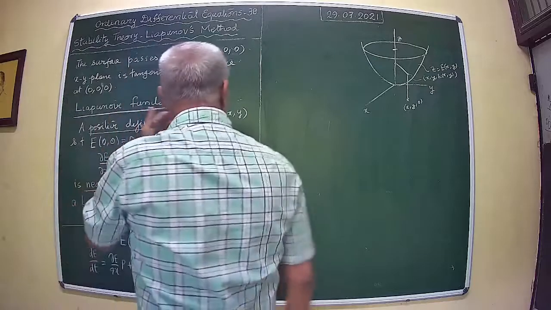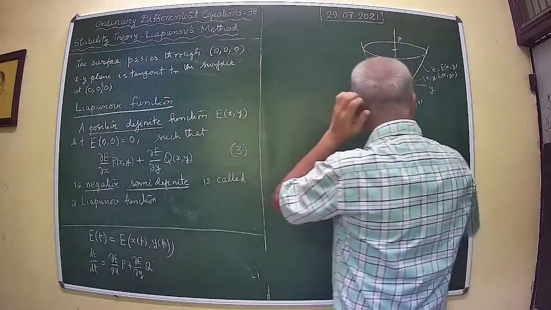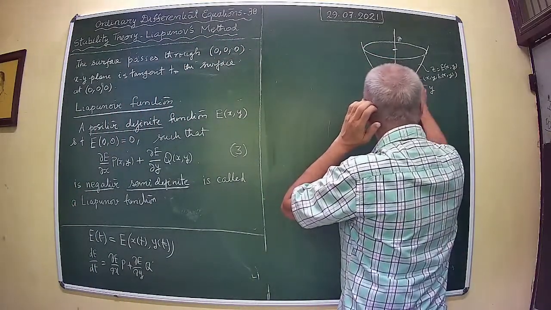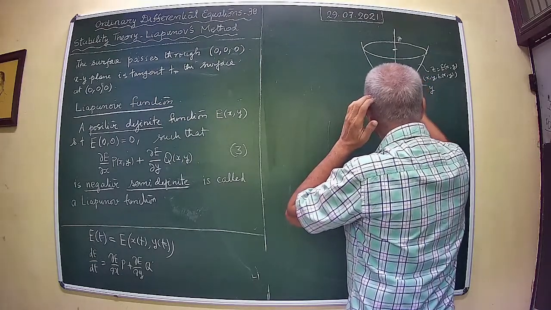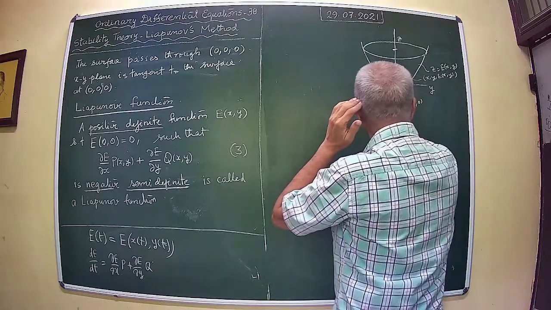Now we are assuming, okay, what happens to this? Suppose you have a characteristic here. Suppose this is x(t), y(t).